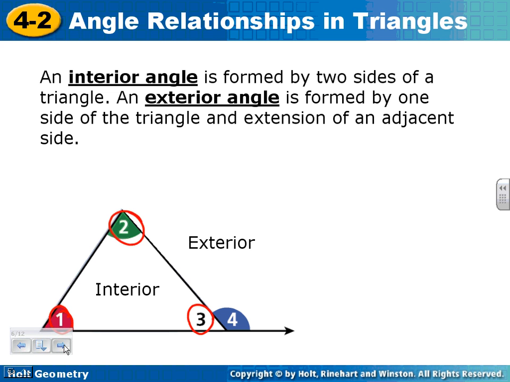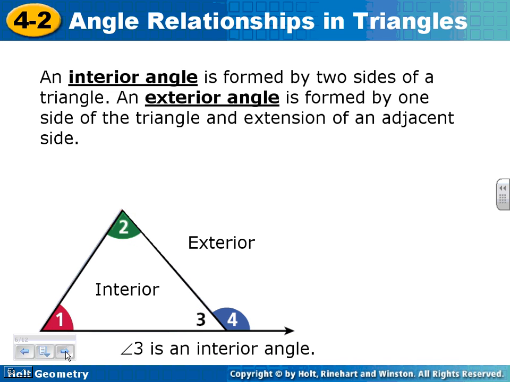Angle 4 is an exterior angle because we've extended this side of the triangle to make angle 4. So again, angles 1, 2, and 3 are interior. Angle 4 is exterior.